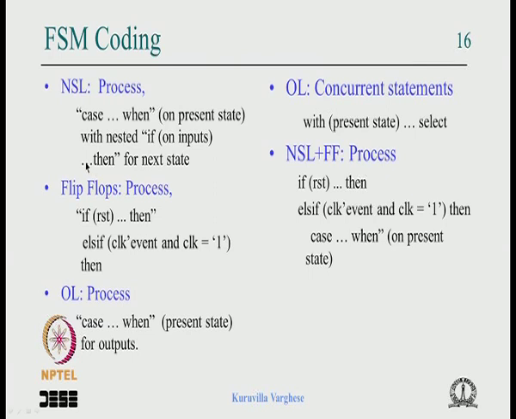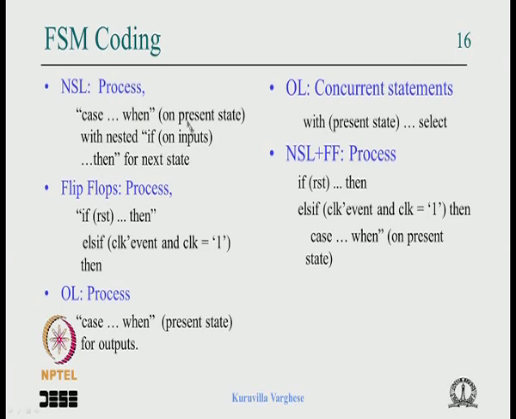So the very normal, intuitive thing to do as far as the coding is concerned is to say case present state is when S0. Now for that state S0 you say if start is low then remain there, else if start is 1 then go to the next state.